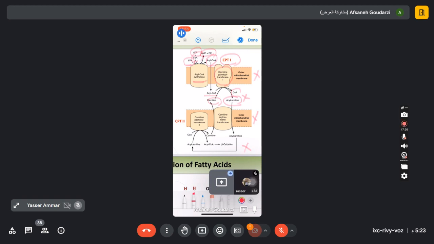So acyl-carnitine is produced. Why did we need to change fatty acid to acyl-carnitine? Because in the inner membrane of the mitochondria, we have this guy, carnitine acyl-carnitine translocase, which can pass acyl-carnitine to the matrix of the mitochondria, not the acyl-CoA, not the fatty acid.